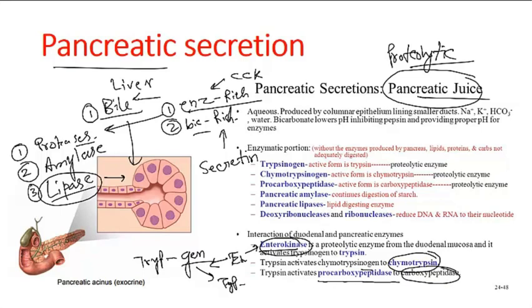So these are chain events, but they first start with the enterokinase enzyme.